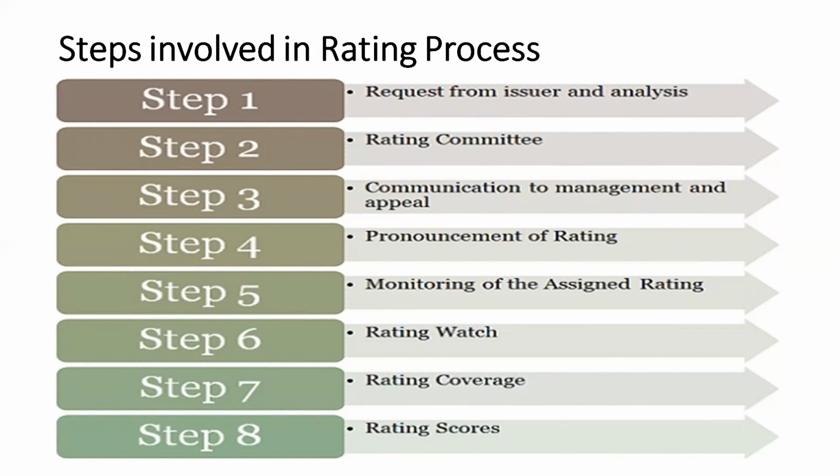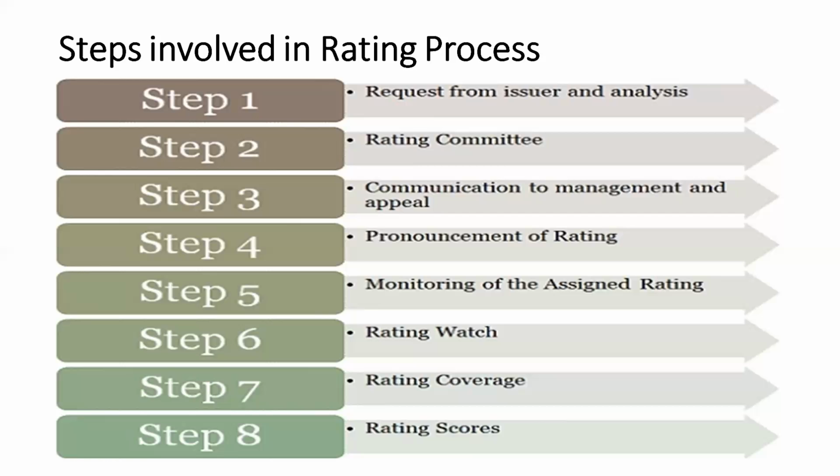If the company accepts, then the rating will be issued by the rating agency, and it is advertised or published in various journals and communicated to the public about the rating of the company. Once the rating is done, the rating watch has to be made by the issuing company, and also by the agency. The rating coverage and rating scores are analyzed, and the rating score is declared in the media by the rating agency. So these are the various processes involved.